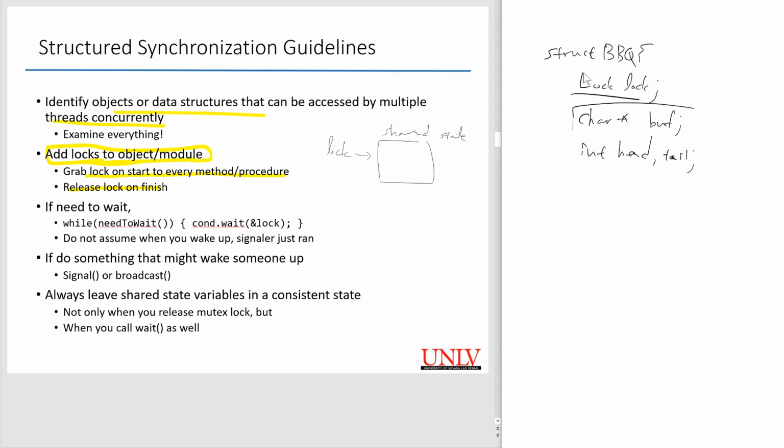So this is the shared state, and to protect this shared state, we added this lock. So it looks like the lock is there to protect this shared state. Make sure that you grab this lock and release the lock when you're done. The thing is, the lock is not directly protecting these variables.